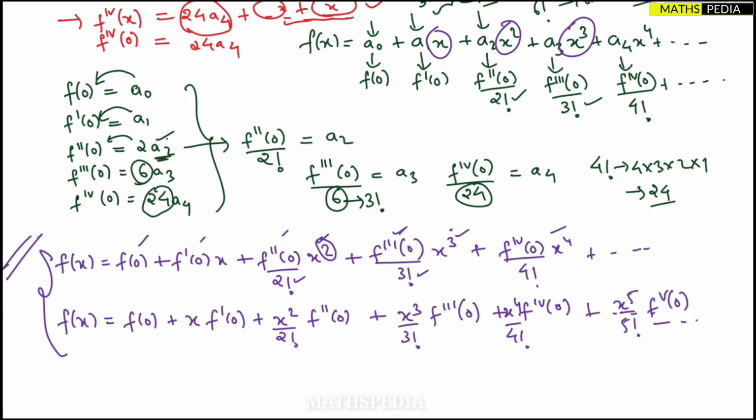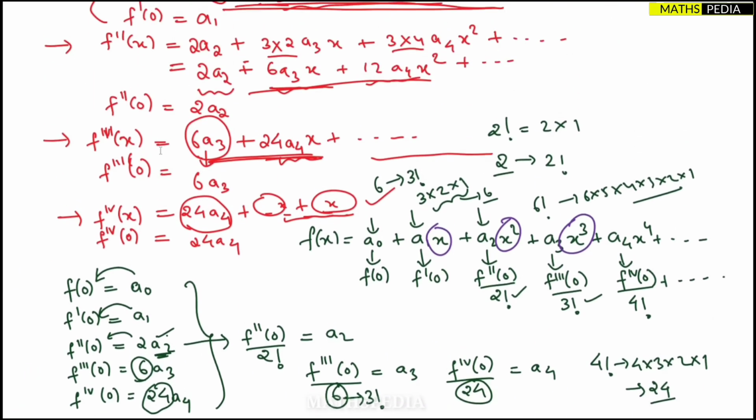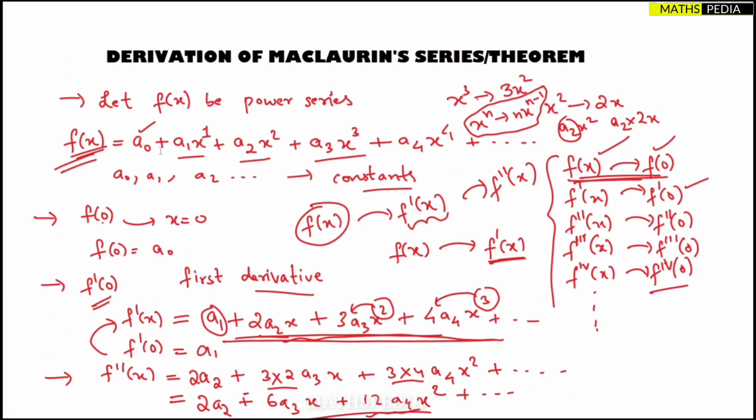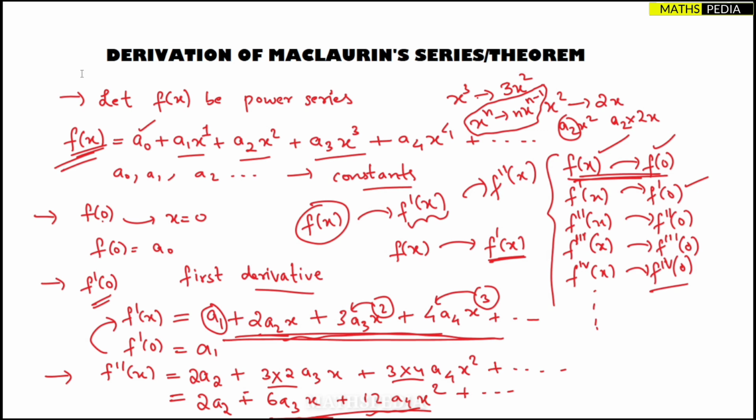So I'll just briefly tell you, just 1 minute, what happened here. We had to derive the Maclaurin's series or the theorem. Basically it means we have different mathematical functions for which we can find out the power series through this formula. So first step we had to consider one power series.